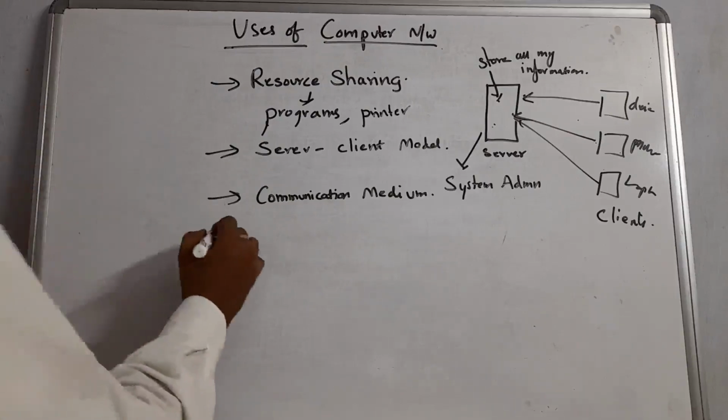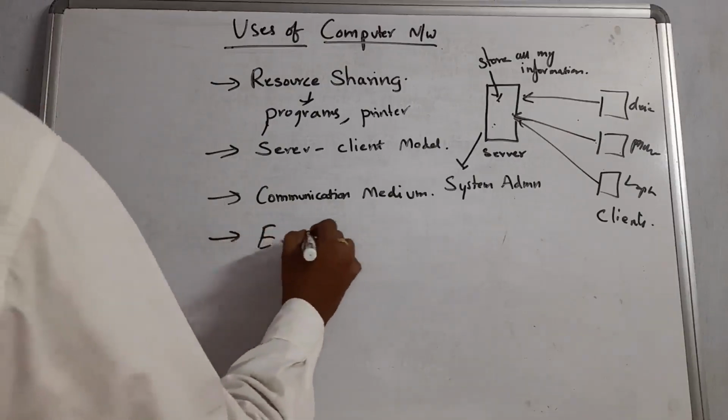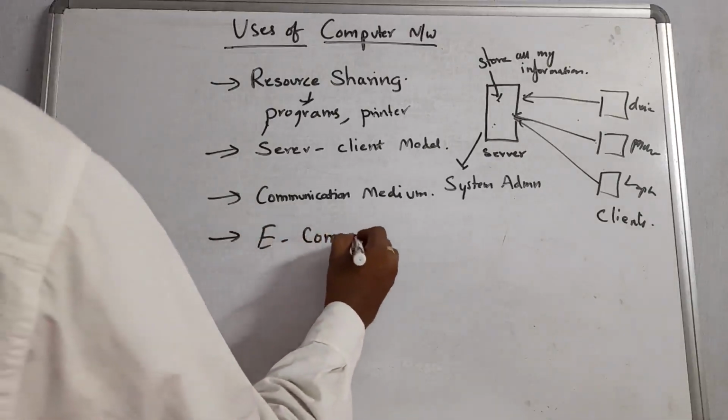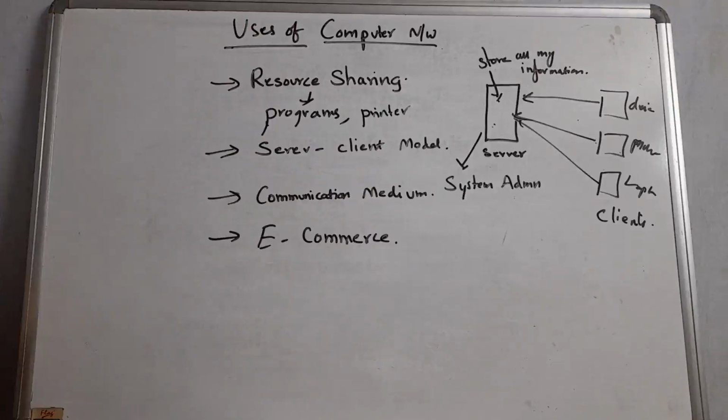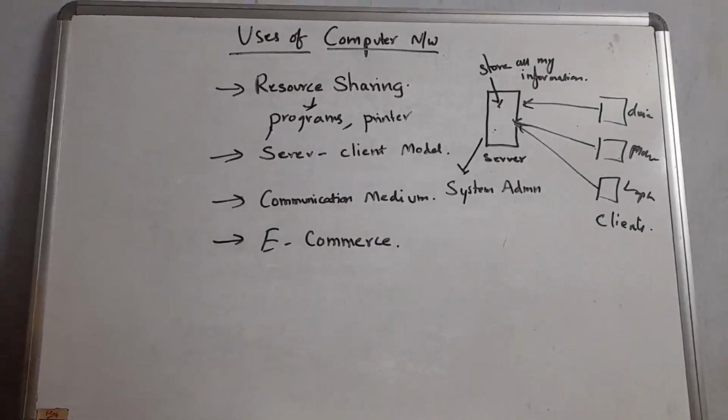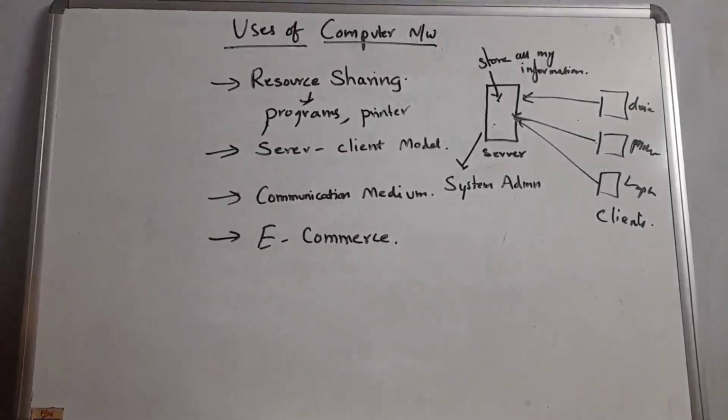Next one is e-commerce. When we talk about e-commerce, we need to talk about business. A computer network is also important in businesses. We can do business over the internet. For example, Amazon is a best example through which we can do business over the internet, right?